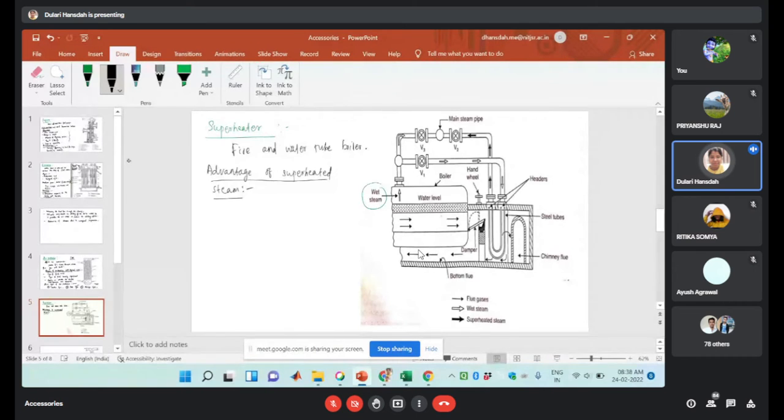The advantage of the superheated steam is that the steam consumption of your turbine will decrease. Losses due to condensation will decrease.